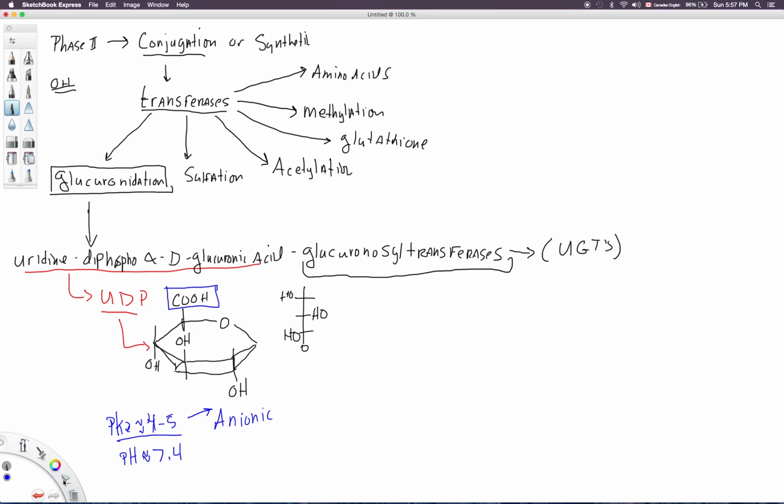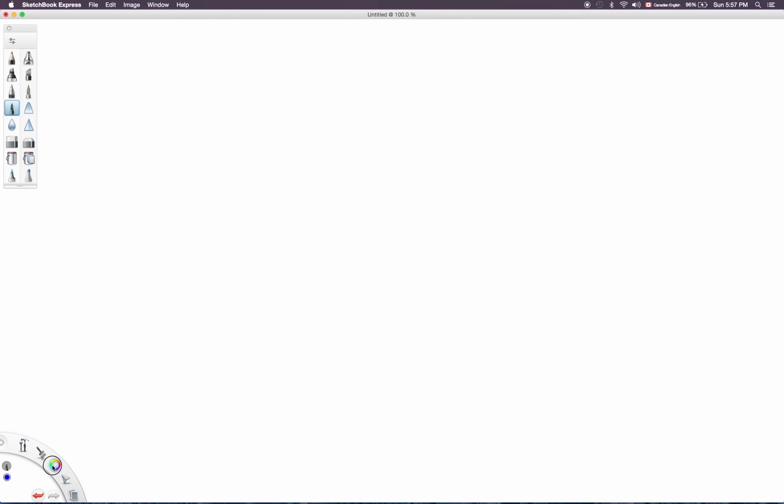Okay, so let me just give you an example. There are many I could do, but let's give you an example of a common substance that we're used to, and that is a substance known as acetaminophen, or paracetamol if you're not from the United States.